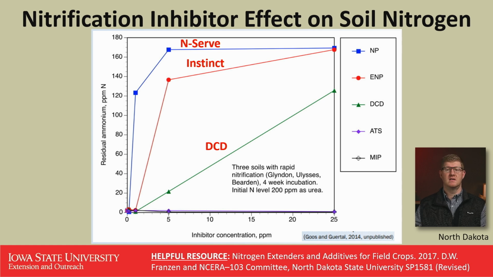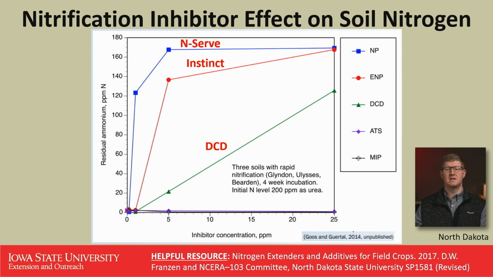So on this figure, the blue line and the red line, which you see up towards the top, are going to be our nitrapyrin products. You can see that they were pretty effective. They maintained high ammonium concentration in the soil with relatively low application concentrations. The green line that you see cutting a diagonal across is our DCD product. In this case, that was a straight DCD product, only DCD as the active ingredient.